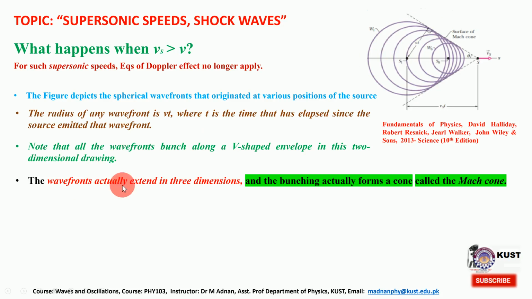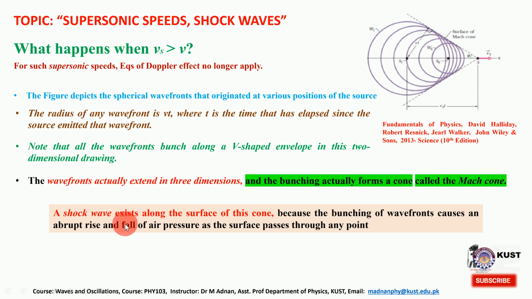Now the wavefront actually extends in three dimensions, and the bunching forms a cone called the Mach cone. So this V-shaped cone, known as the Mach cone, is the situation of the sound wave profile when the source is moving with a velocity greater than the velocity of the sound waves.